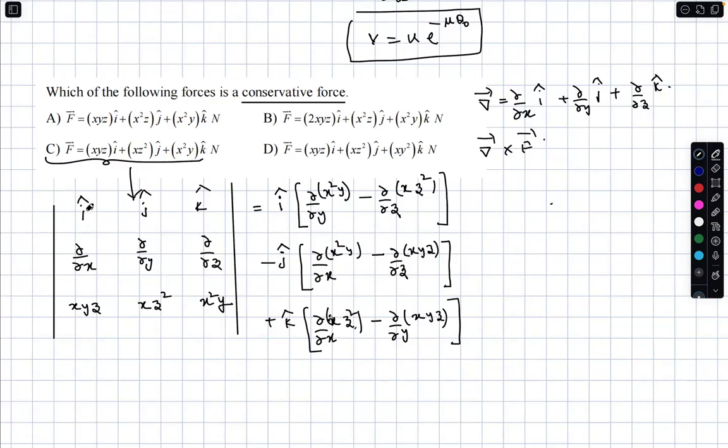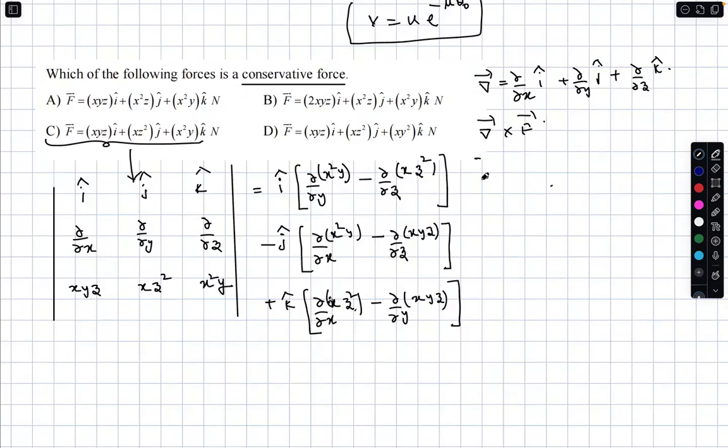So I'll check again. I cap component, dou by dou y, x square y, correct. Dou by dou z, x z square, correct. Minus j cap component, dou by dou x, x square y, correct. Minus dou by dou z, xyz, correct. K cap component, just now we have done. So finally, i cap component: when we are doing partial differentiation, x term is a constant.